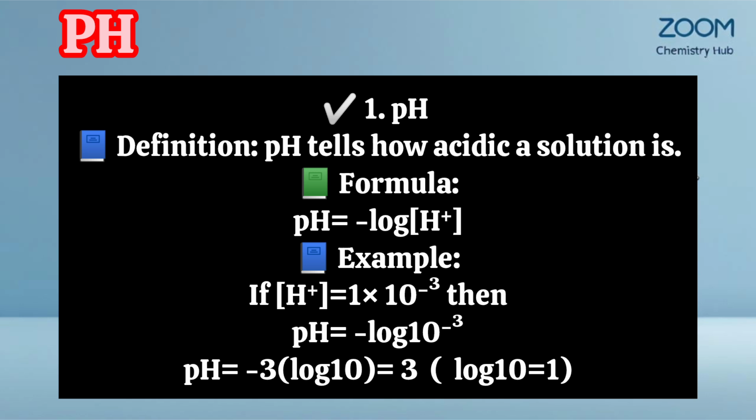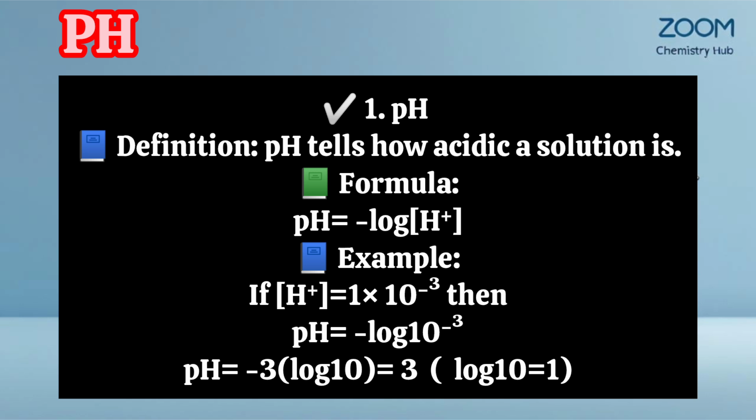Formula: pH is equal to negative log of hydrogen ion concentration. Example: if the hydrogen ion concentration is 1 into 10 raised to power minus 3, then the pH is equal to the negative log of hydrogen ion concentration.